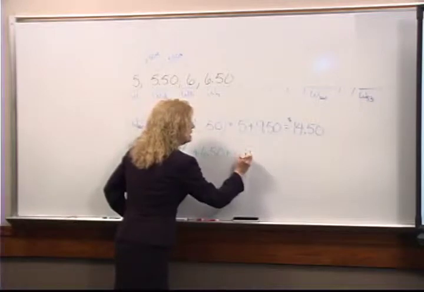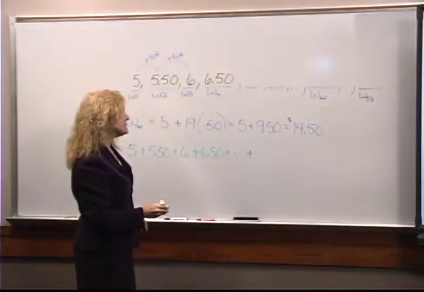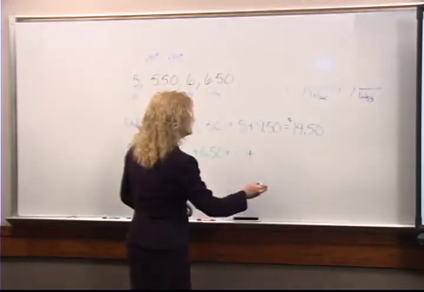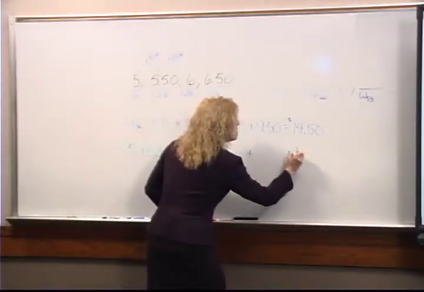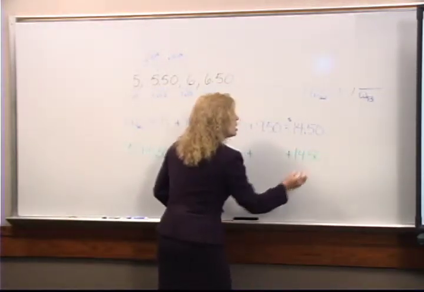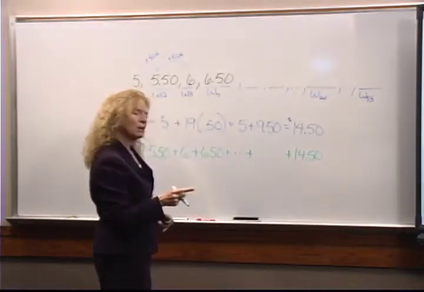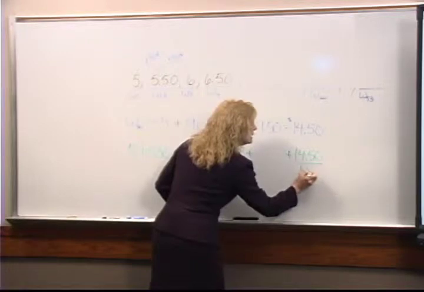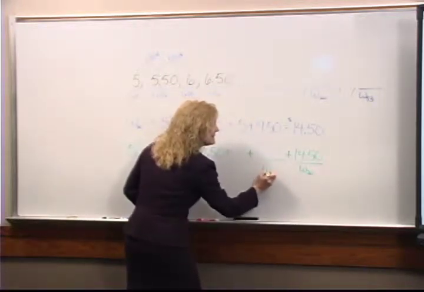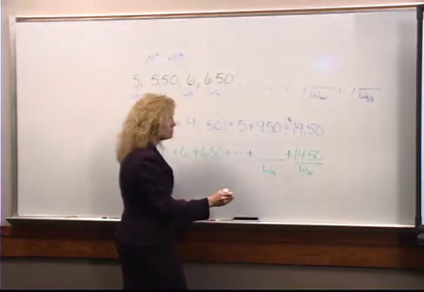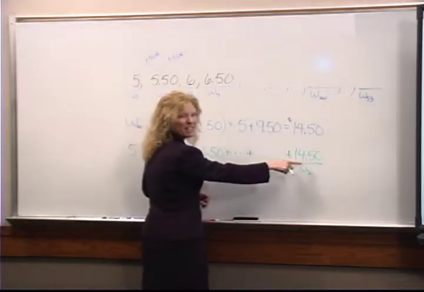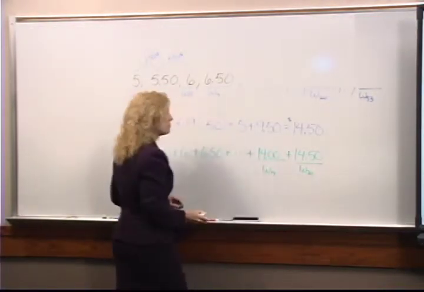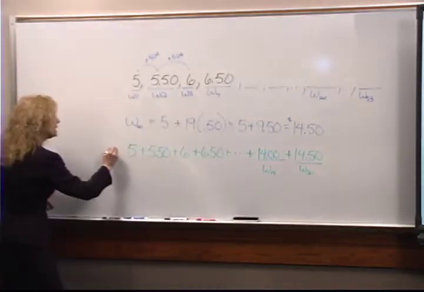And so on. And let's see here. We figured the 20th week was $14.50. So I'm going to put him over here. That's the 20th week. How much would we have put in week 19? The week before? Wouldn't it be 50 cents less than that guy? So it'd be $14.